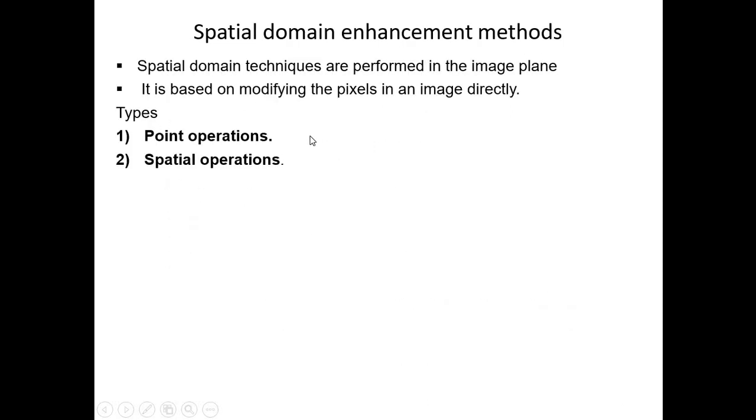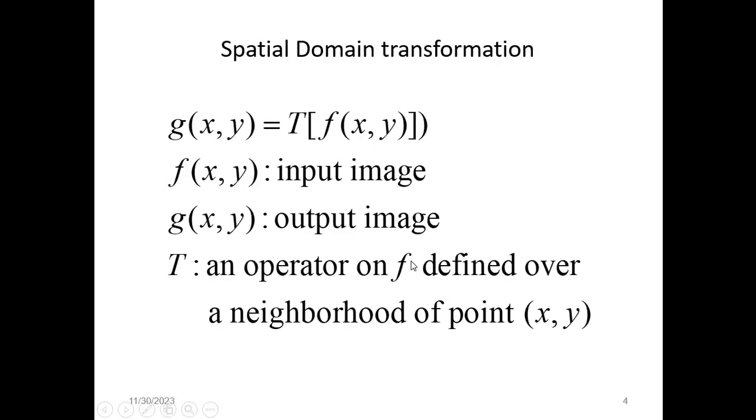So T is an operator, or this is the transformation operation that applies on f, right, where f is the original image and g is the modified image. So in this transformation, as far as spatial domain transformation is concerned, to modify the pixel value at location x comma y, we are considering not only the original pixel at location x comma y, but also its neighborhoods, right?